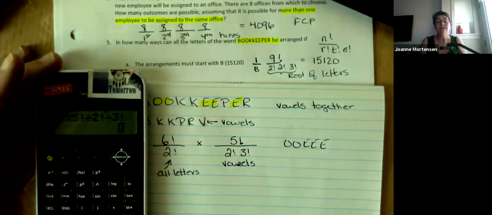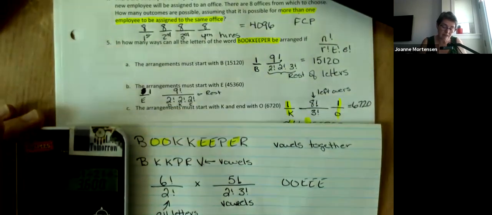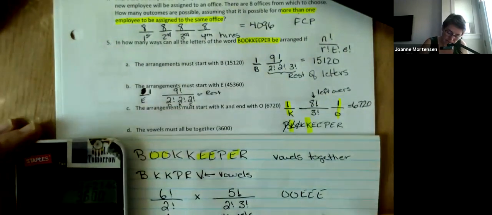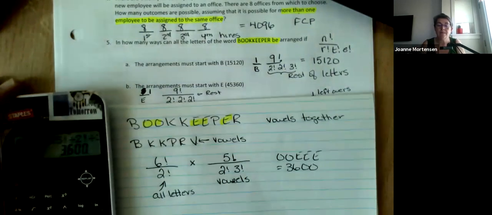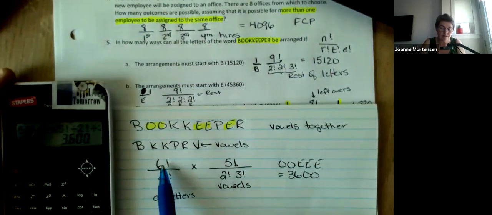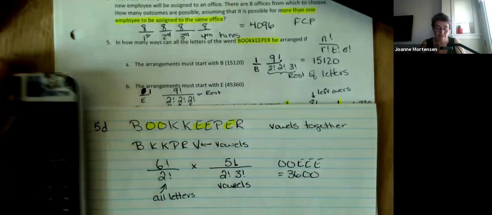Okay, deep breath, equals 3,600, and yes. Just for mathy bits, if you wanted to go 6 times 5 and then divide at the end, it doesn't matter. All right, so there we go.